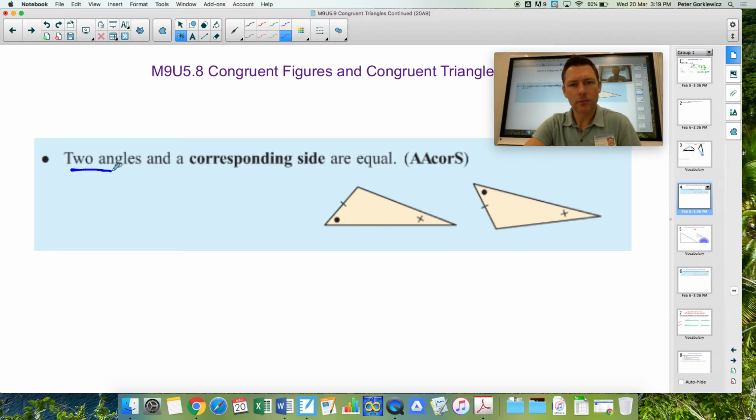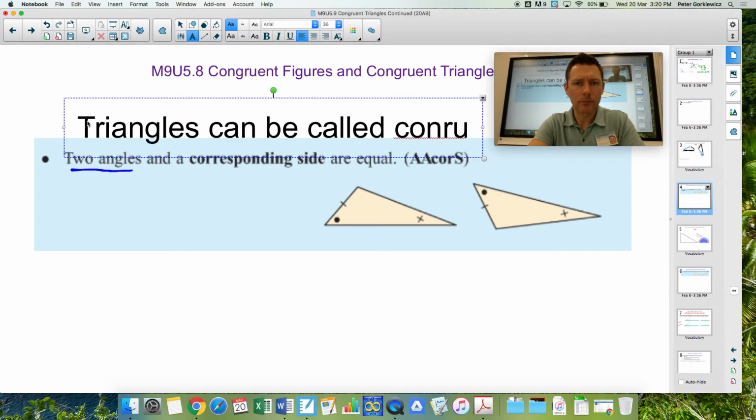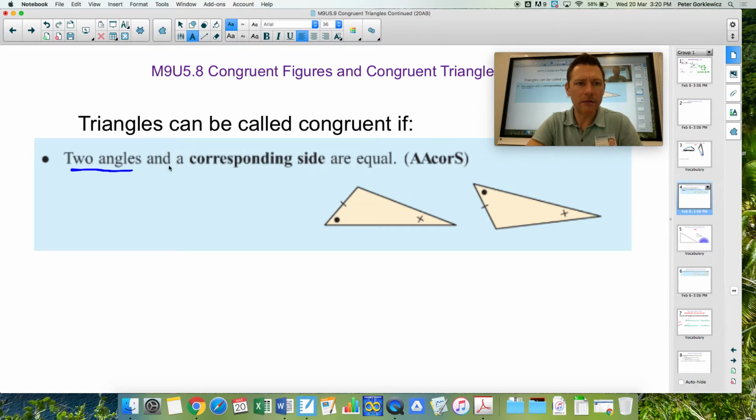You can say two triangles are congruent. Triangles can be called congruent if two angles and a corresponding side are equal.